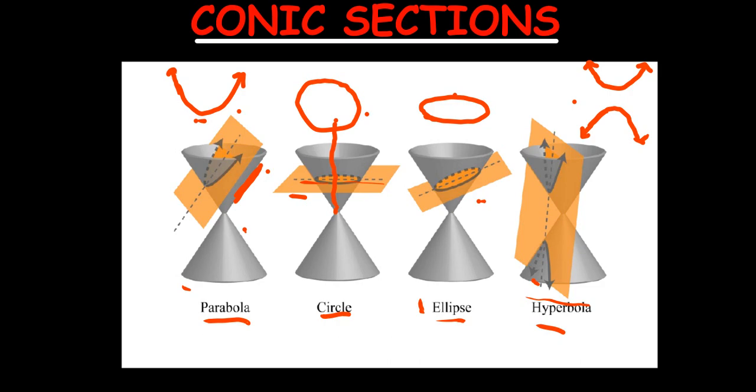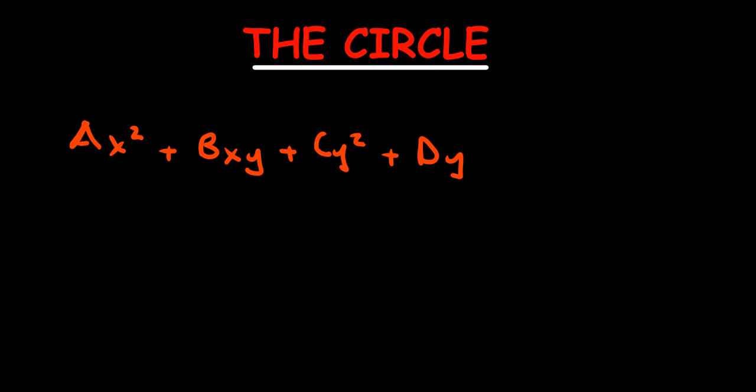So the general form of the equation. It's written circle here, but I'll just write the general form here. The general form is ax squared plus bxy plus cy squared plus dx plus ey plus f equal to 0.